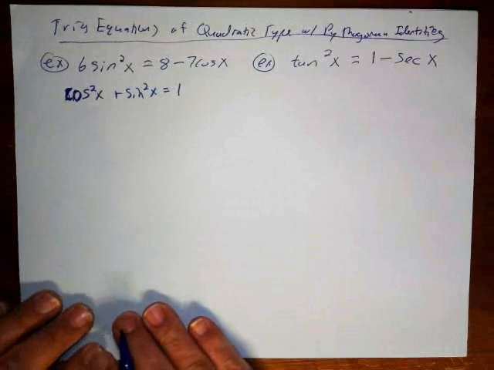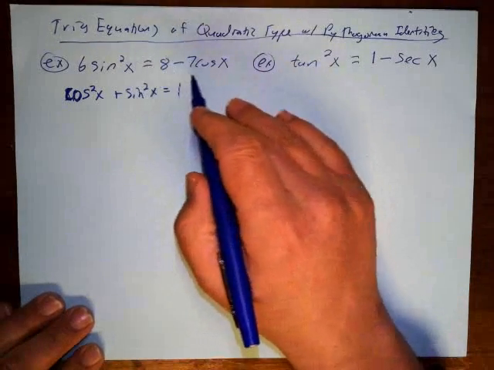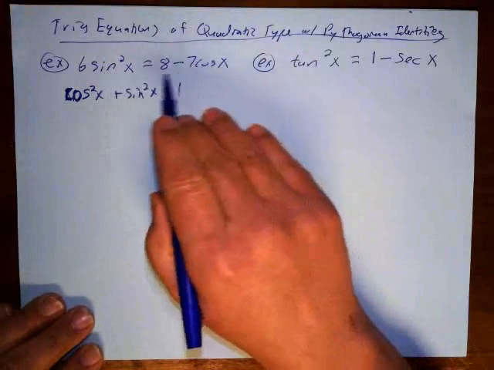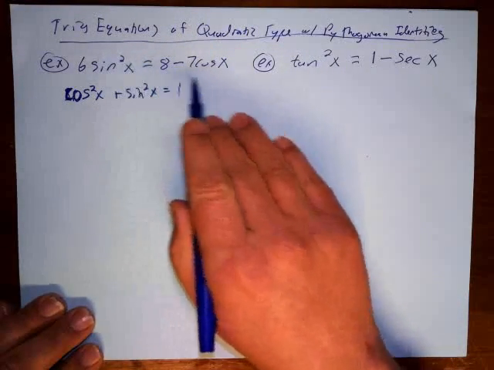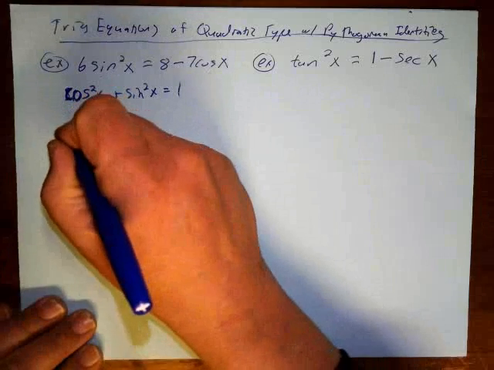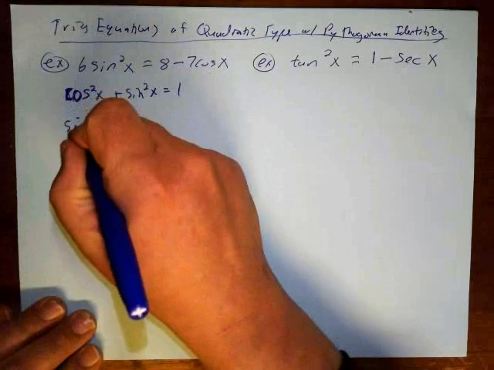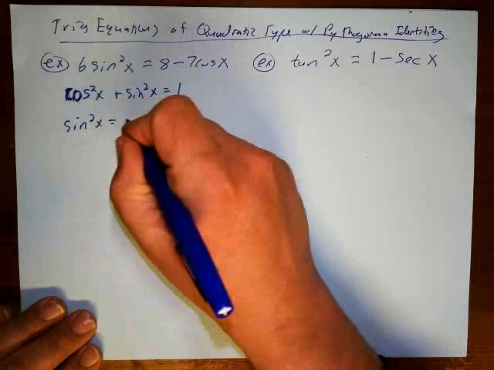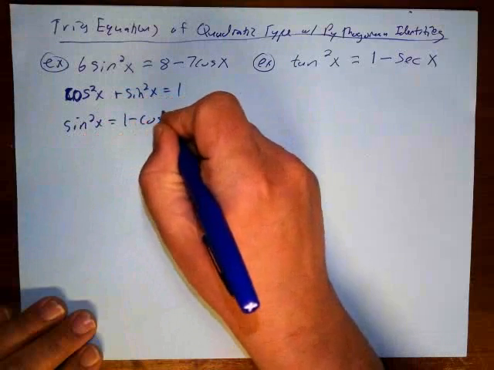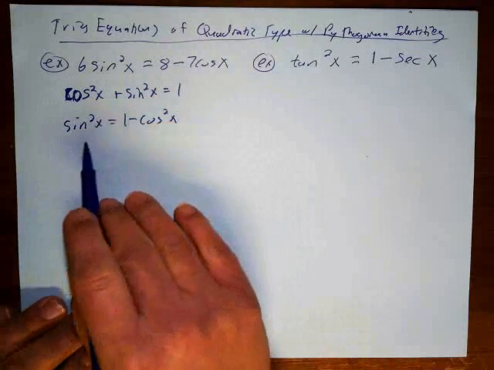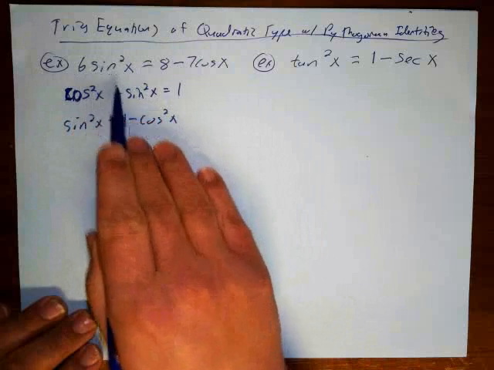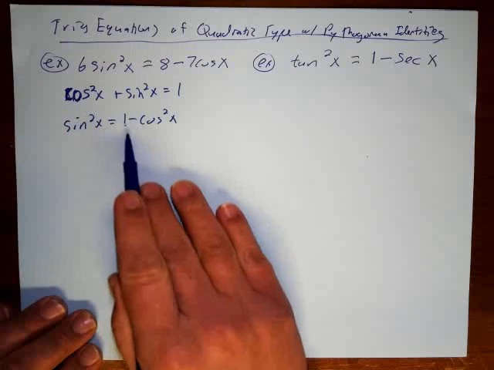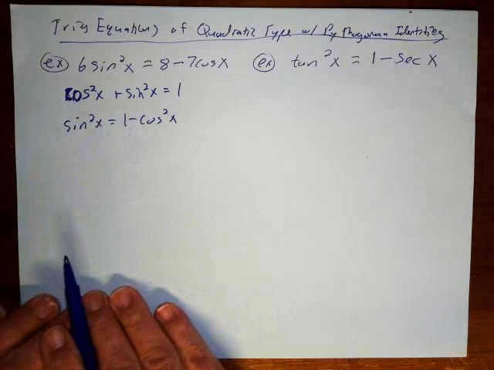And if you notice here, we can change this sine squared x into the cosine. I can do that by solving here for sine squared x. And so what that means is, in for the sine squared here, I can put this. I'm using the Pythagorean identity.